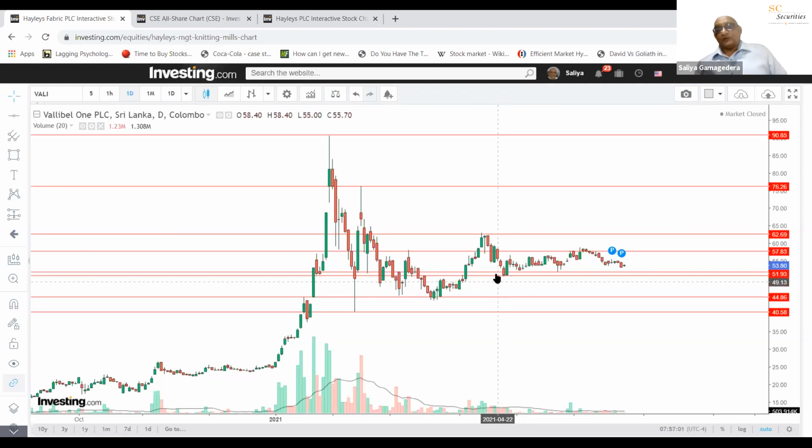So what that means is that we are watching that area between a low of 50.60 to a low of 52 rupees. We drew these two lines for our analysis, to understand whether the prices are going to come down to that level.